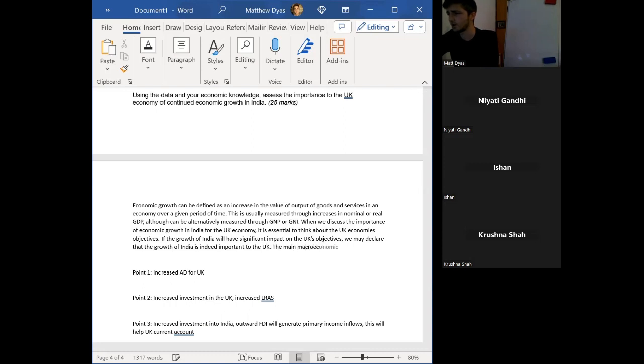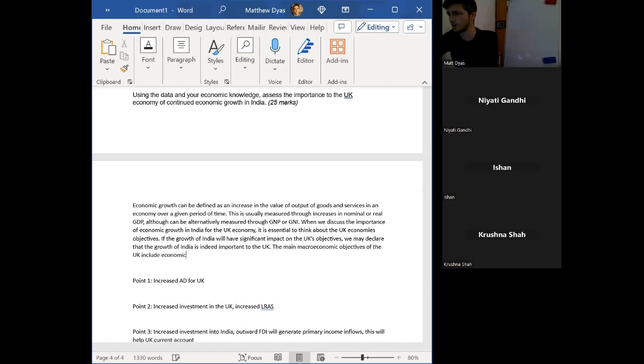Main macroeconomic objectives of the UK include economic growth, employment, controlling inflation, and stable equilibrium trade, say balance of payments.